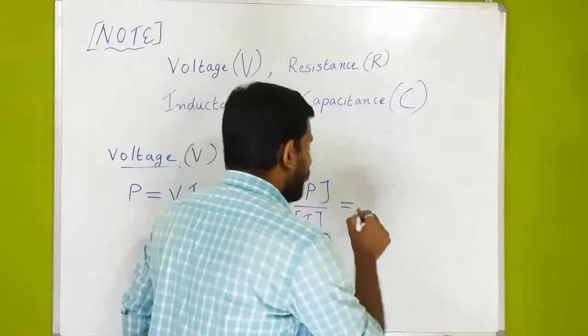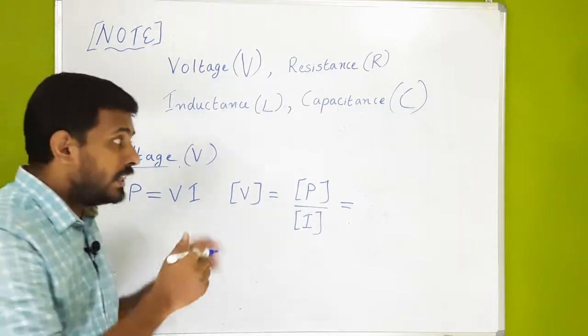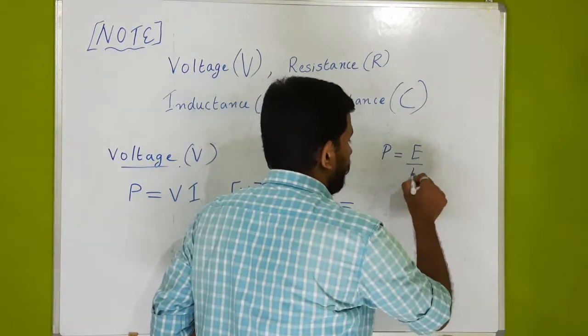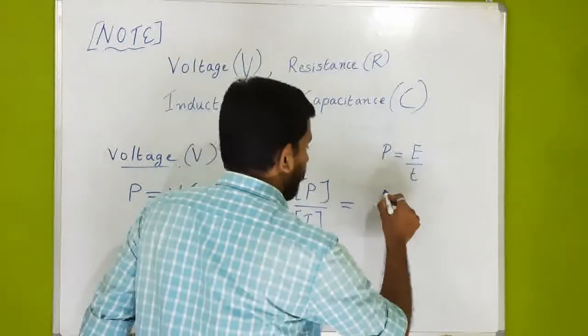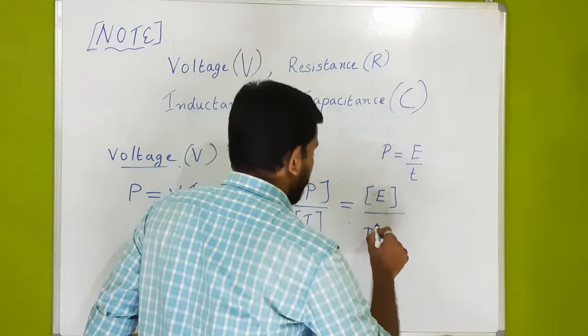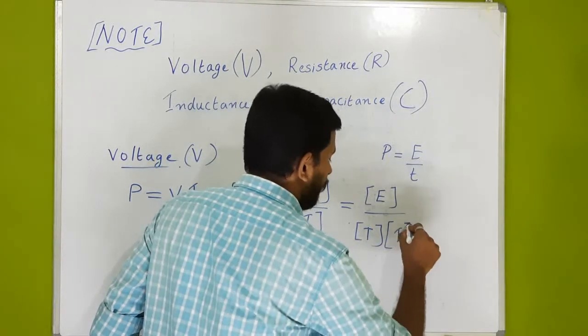And we know that power is energy divided by time. Therefore, the dimension of power can be written as the dimension of energy divided by the dimension of time.